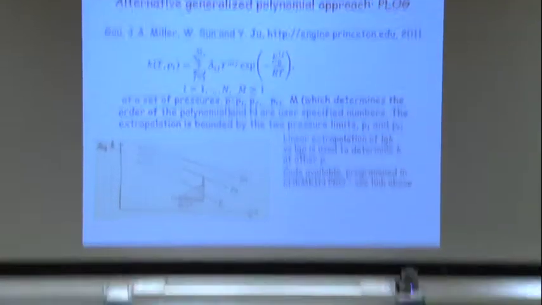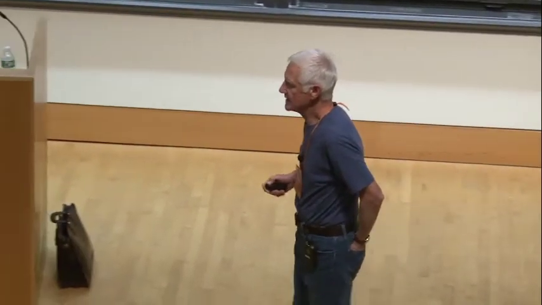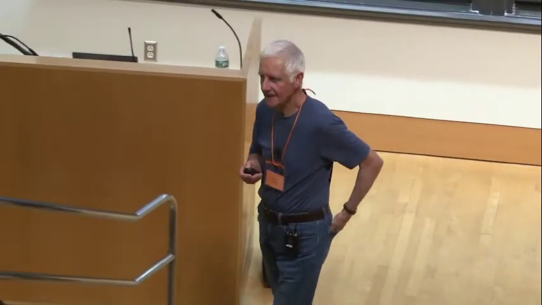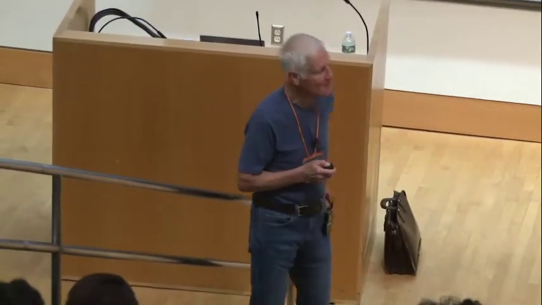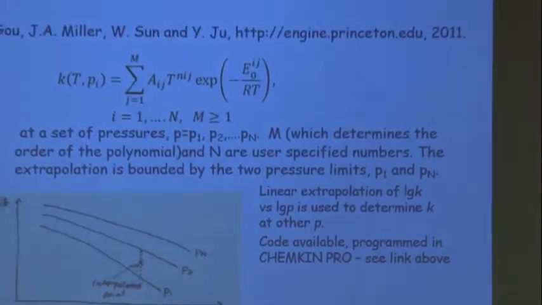There is an alternative to the Troe method, and this is what's called the P-log method. Has anybody used the P-log method? Yeah, okay, so someone has. Basically you're using a polynomial representation.